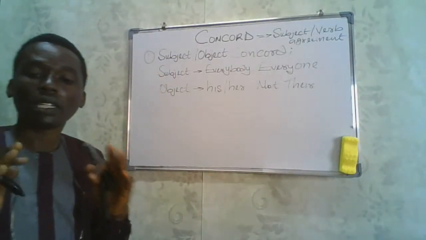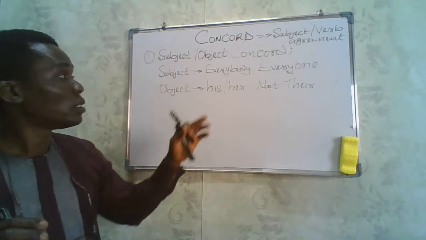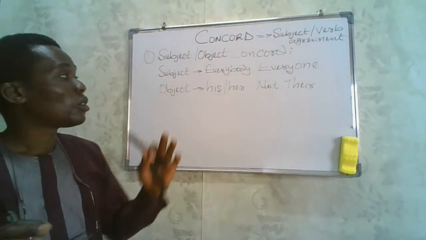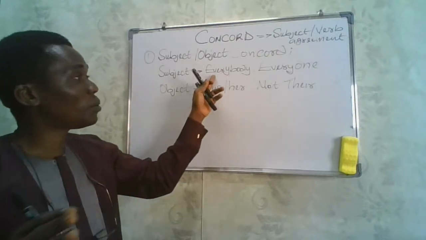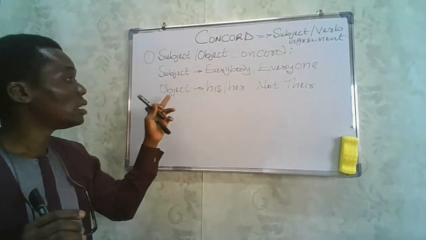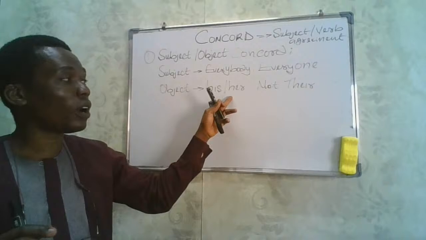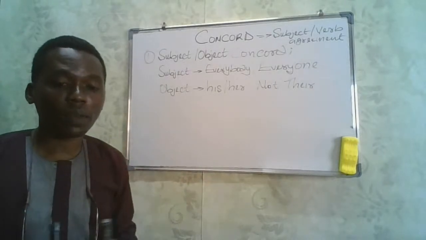Now take note of that. It's very important. Subject object concord, we talk about the subject. Whenever the subject is everybody or everyone, then the object should be his or her and not there.